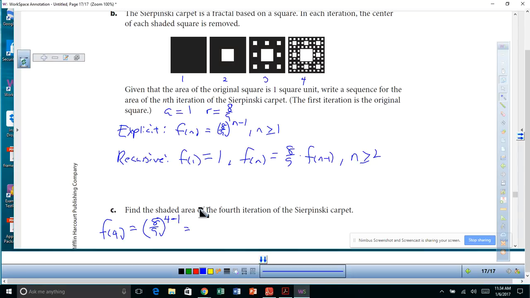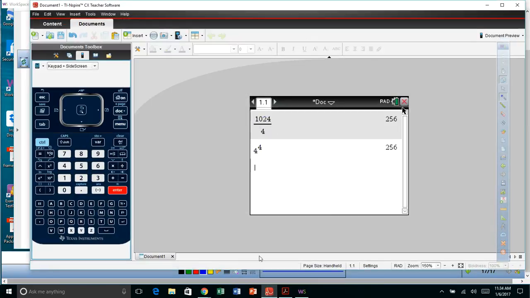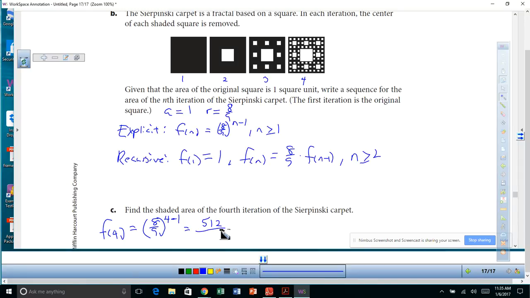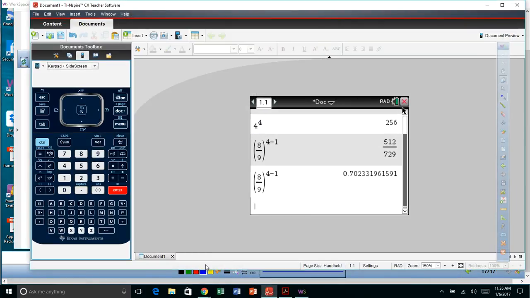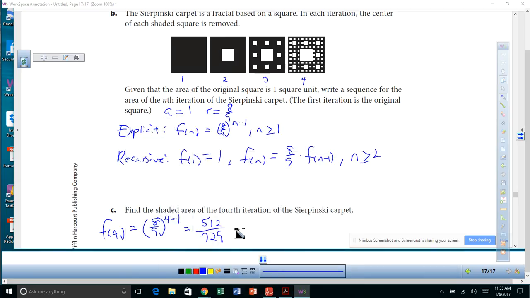In the calculator, 8 over 9, close parentheses, caret, 4 minus 1, and that gives us 512 over 729. 512 over 729 is approximately 0.702, so that's approximately 0.702 square feet. Not a problem. Got that.